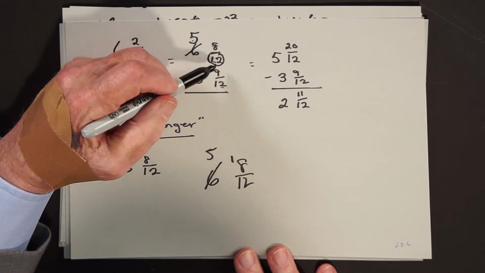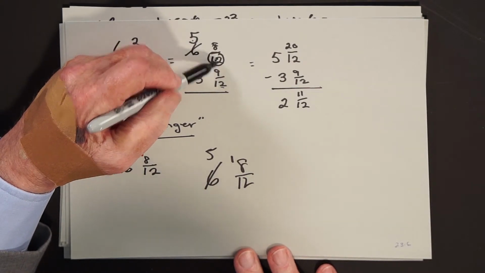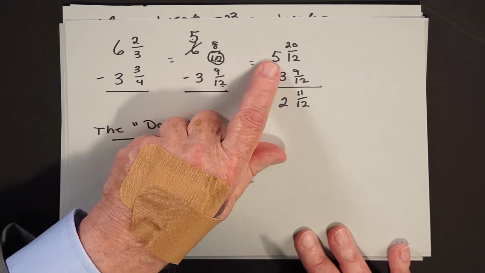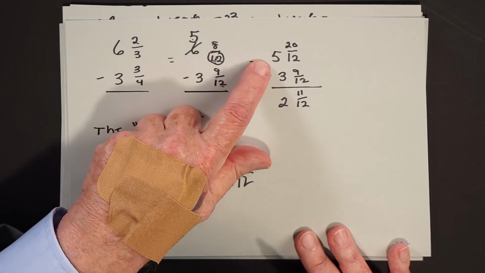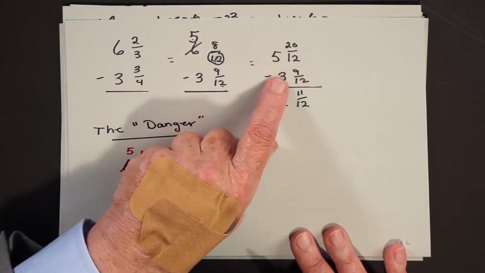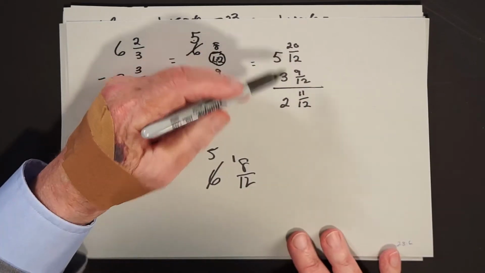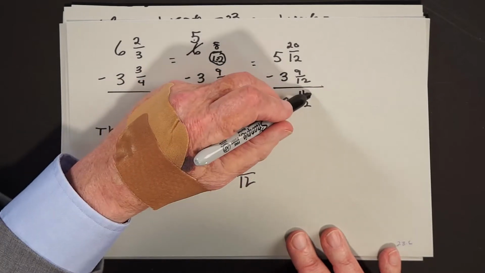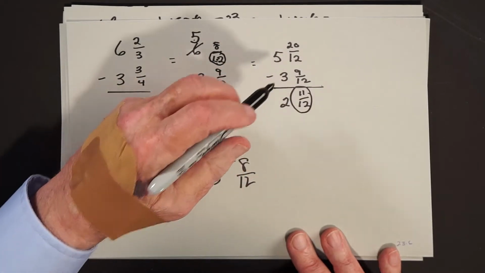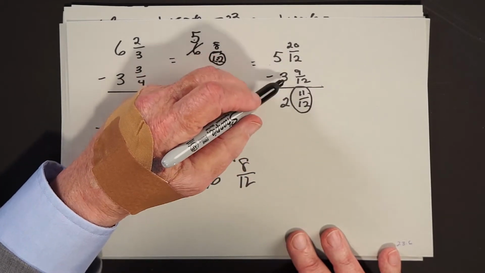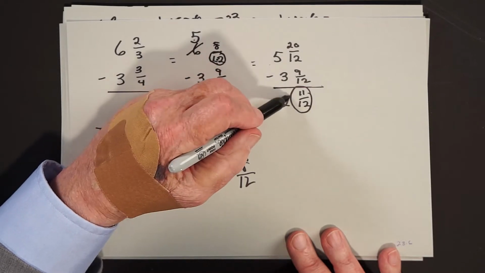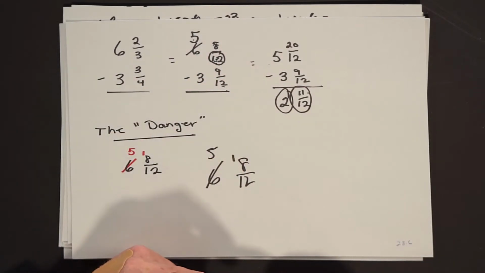See, it's the 8 plus the 12 pieces you traded in for. In other words, the tricky part is what? You don't write this as 5 and 18/12, it's 5 and 20/12. This is still 3 and 9/12. Now you subtract 9 from 20 is 11. There's your 11/12. 5 take away 3. Meaning, what do you have to add to 3 to get 5? That's 2. There's the same answer.